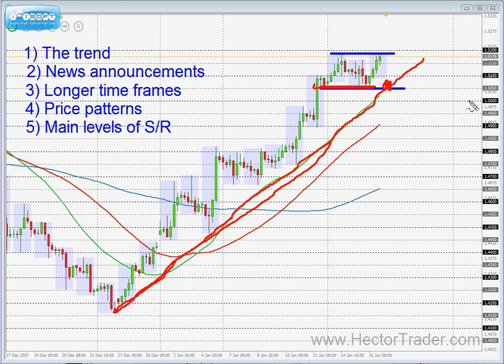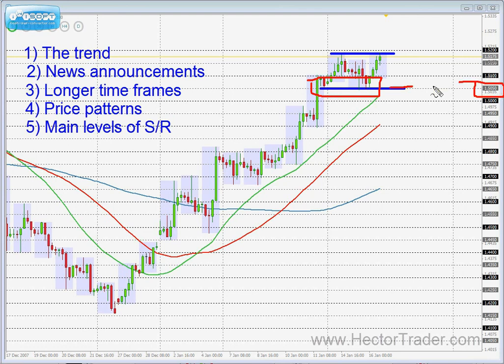That means that if the 150.50 breaks to the downside, I just don't want to get involved with this setup anymore. My trade plan is to not get involved if this level gives way. Once again, if the 150.50 level breaks, then my trade plan is violated, and I don't want to get involved with this trade any longer.